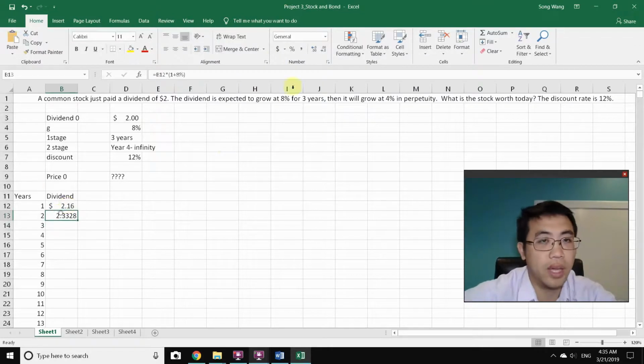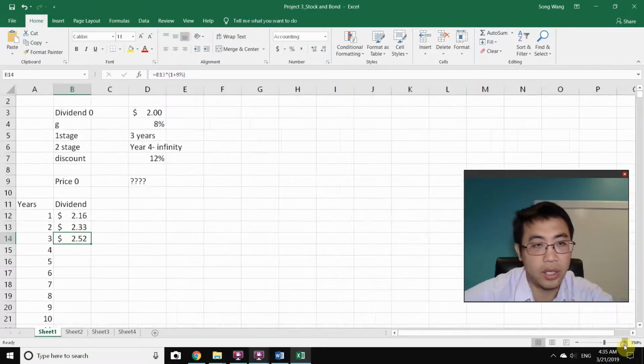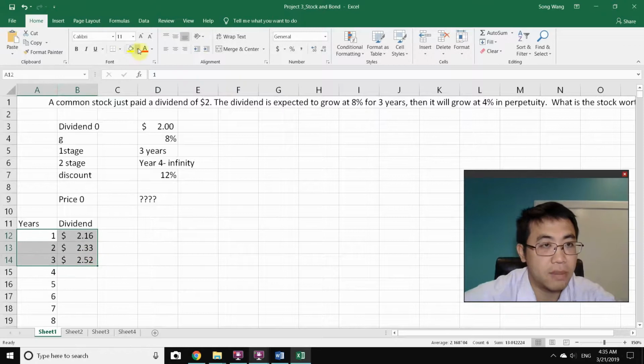So it will get me to 2.33, and in the next year, it will grow by another 8%, so it will be 2.52. If I just keep dragging down, in the fourth year, however, it's a different stage. This is my first stage, and all the rest will be my second stage.